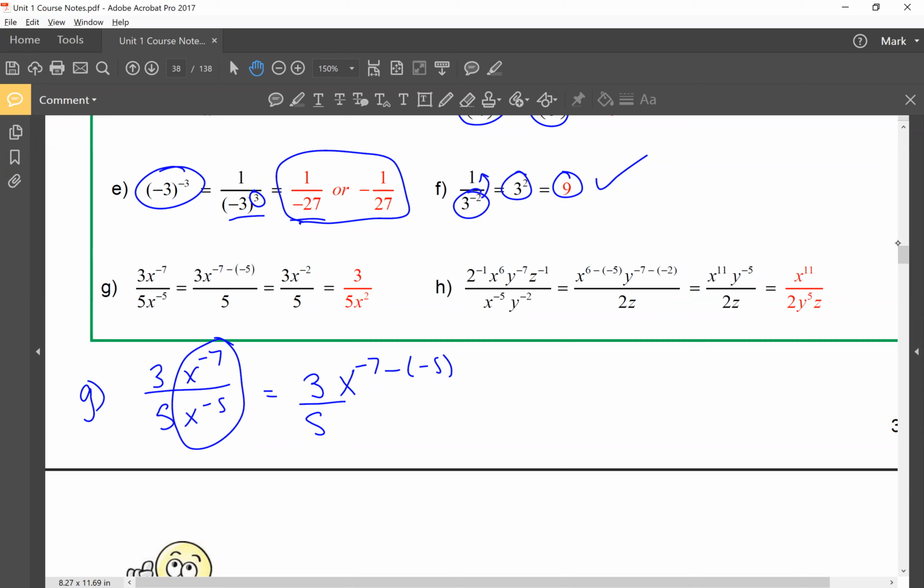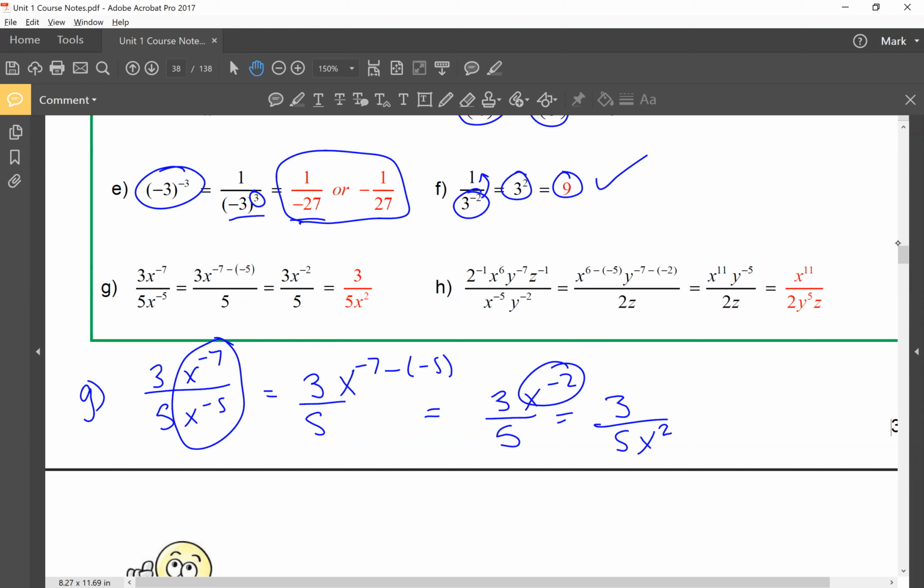Be careful with your integers. You can use your calculator if you don't trust yourself. This becomes 3x to the -2. -7 minus a -5 is a -2. What it becomes is -7 plus 5. Okay, now to simplify this, because this is negative, I can put it on the bottom like that.